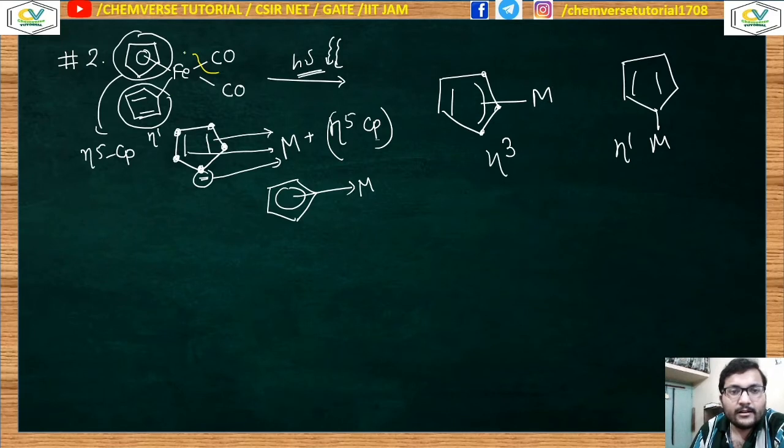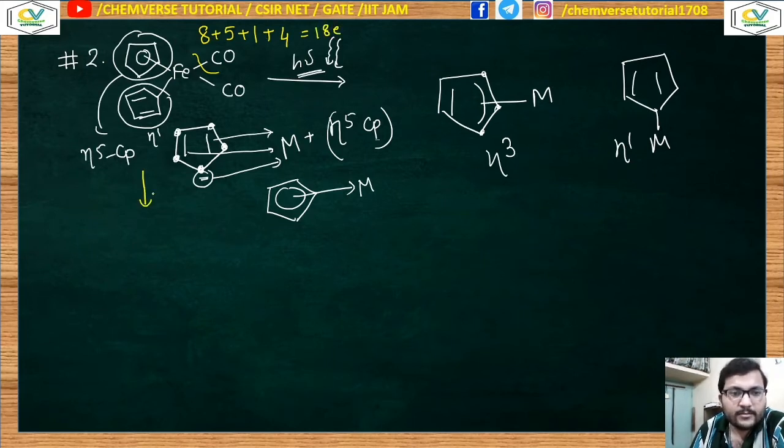Now if you count the total valence electron of the substrate, for iron it is 8 valence electron, for hapto-5 cyclopentadienyl 5 plus 1 for hapto-1, and for 2 carbonyls 4. So it is 8 plus 5, 13, 14, 18 electron.